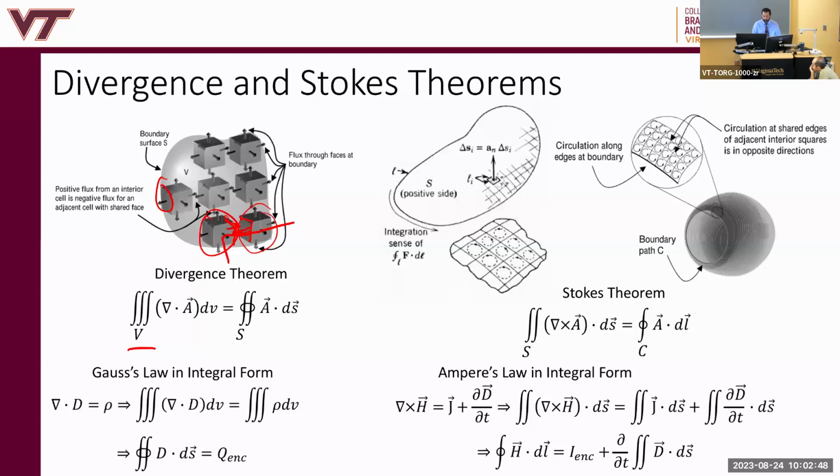So if everything in the volume cancels and the only thing left is the flux on the surface, then I can rewrite the integral over the volume of the divergence of A as the surface flux integral of A dotted with dS, where dS is a differential surface area vector along the outer surface. Okay, hopefully that makes pictorial sense at least, right?